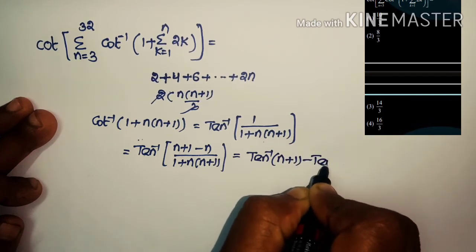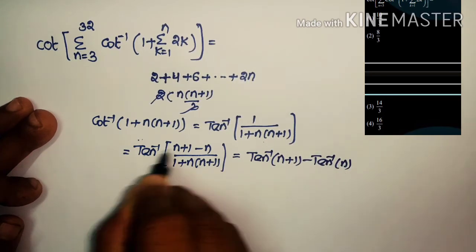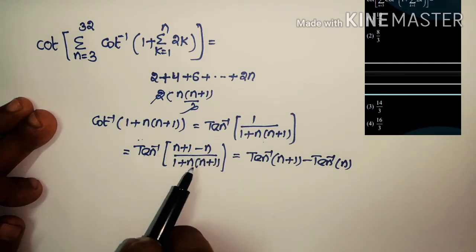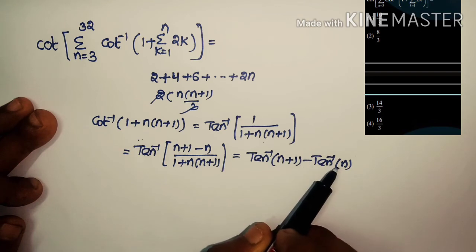Tan inverse x minus tan inverse y is equal to tan inverse of x minus y by 1 plus xy.